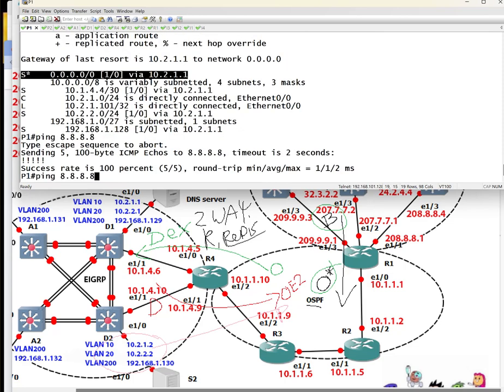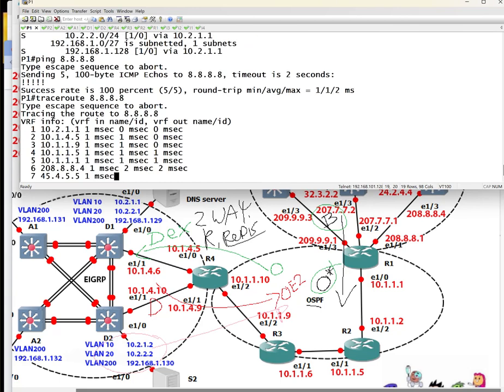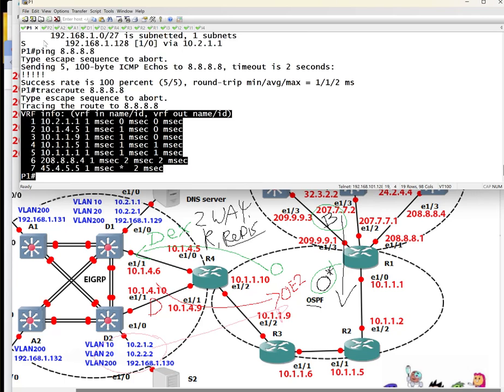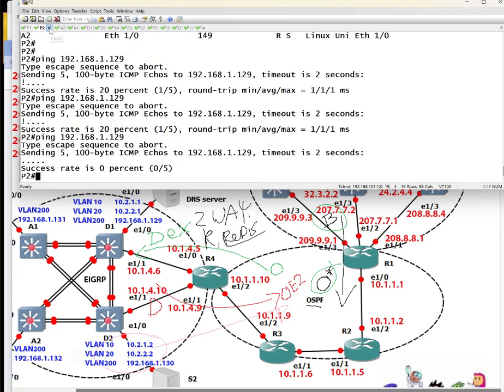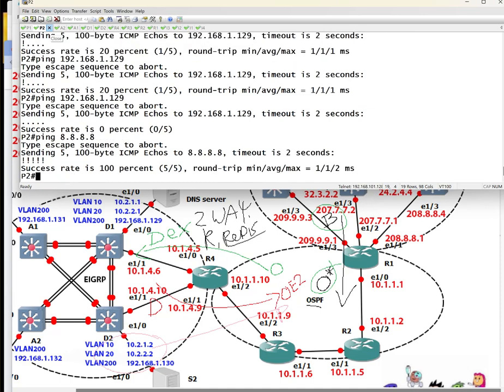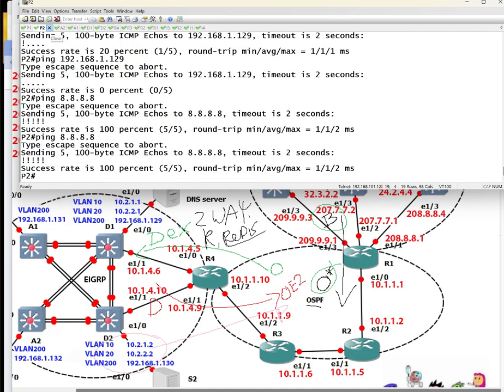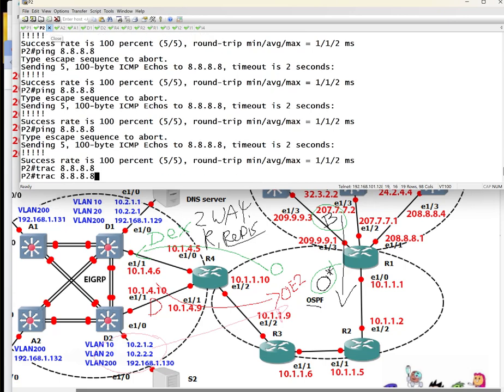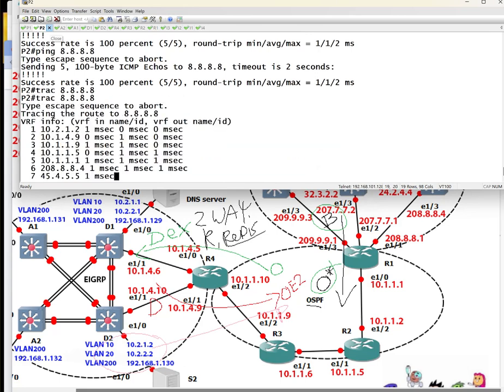We do a proper trace route. You should be able to see this one. And let's keep our fingers crossed. R2 can go there unless, you know, something goes wrong. Oh, it's alive. Good job.